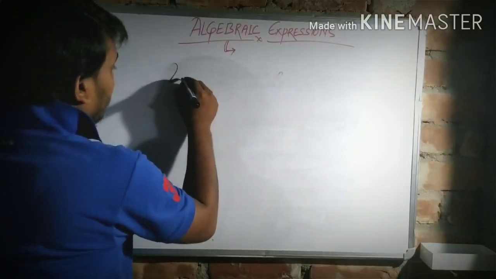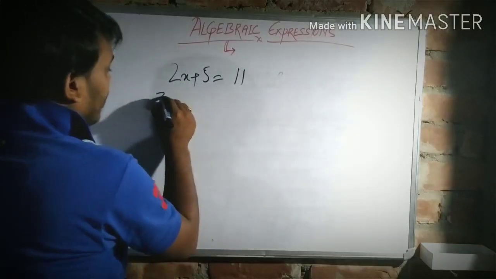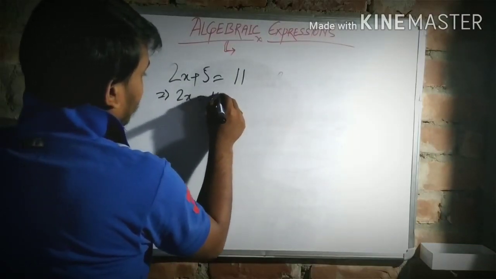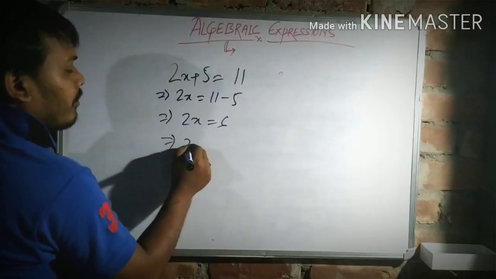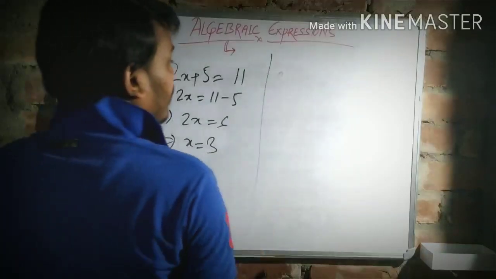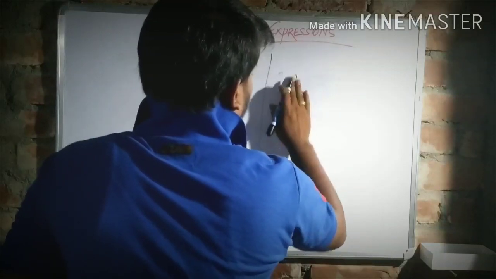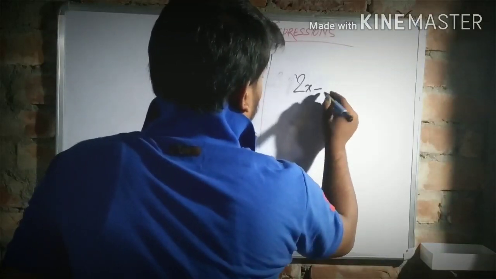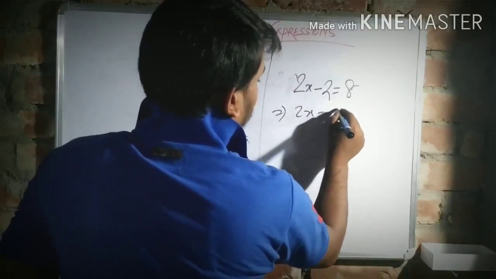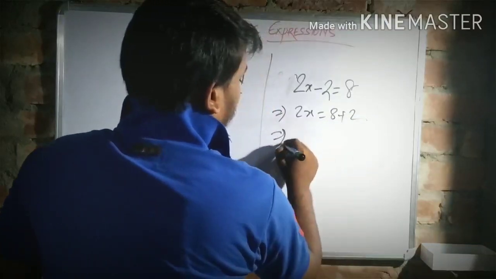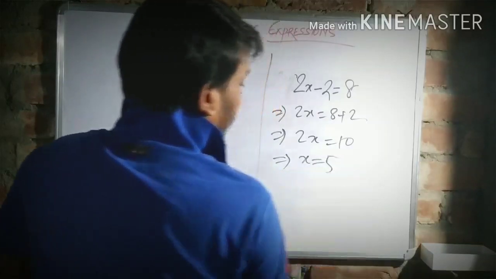For example, 2x plus 5 equal to 11. So what is the value of x? 2x equal to 11 minus 5, or 2x equal to 6, or x equal to 3. In another equation, 2x minus 2 equal to 8 implies 2x equal to 8 plus 2, or 2x equal to 10, or x equal to 5.